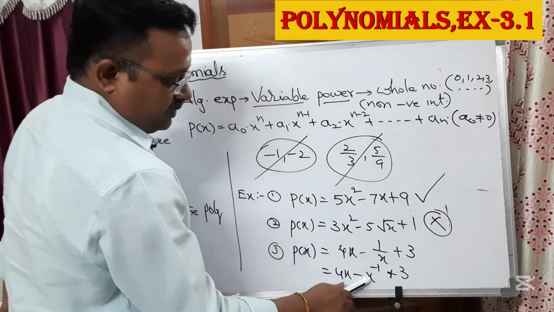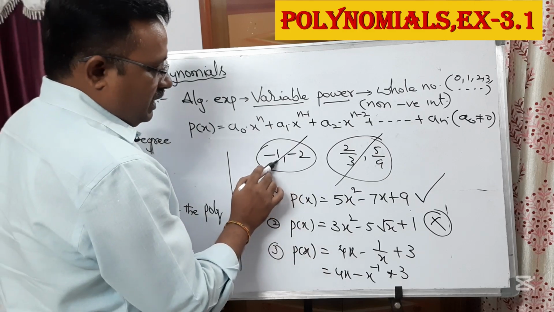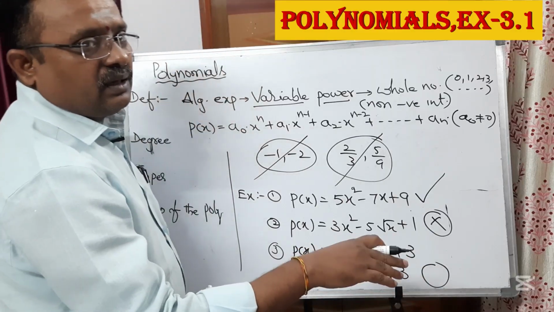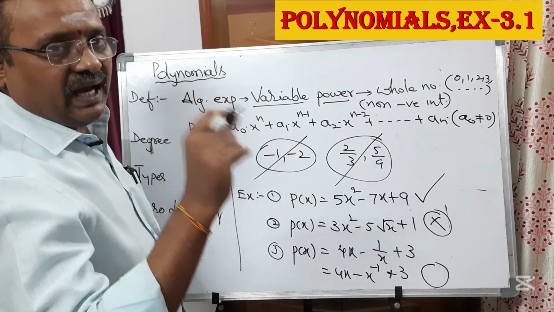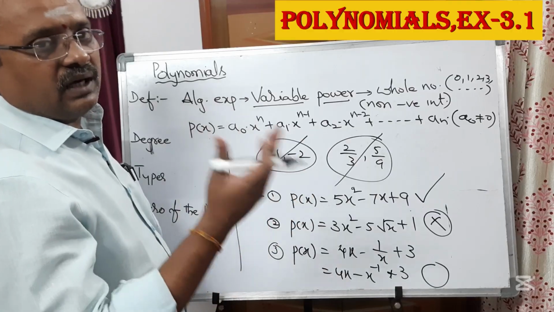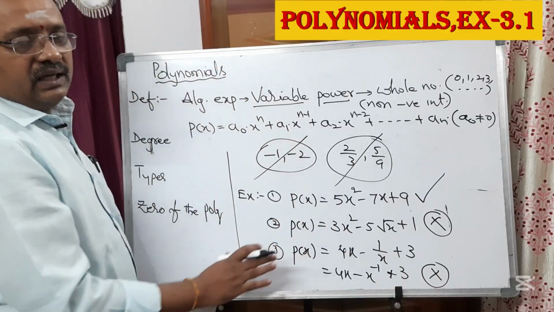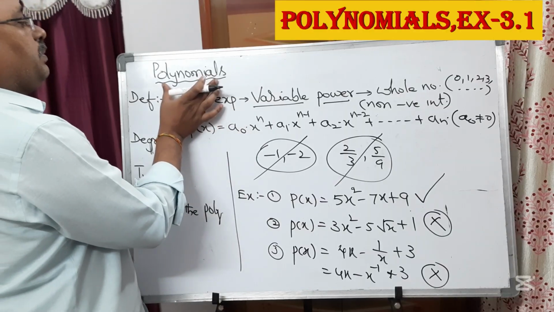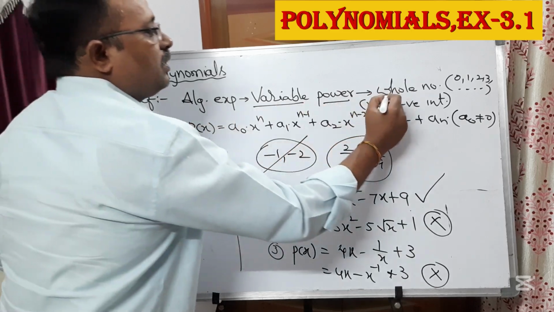So the variable power is minus 1, a negative value, which we should not consider. That's why, without checking the remaining terms, if any term has a variable power that is not a whole number, meaning negative numbers or fractions, it is not a polynomial. Like that you can easily identify whether the given algebraic expression is a polynomial or not just by verifying that the variable powers are whole numbers.